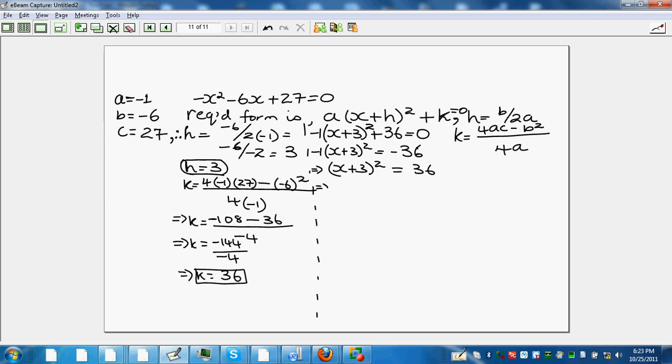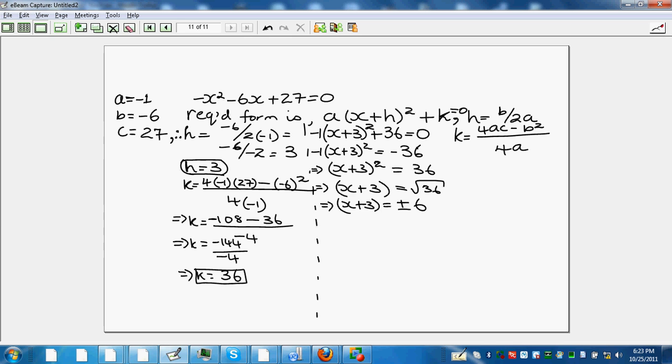What happens next? I'm going to remove the squared sign on top here by finding the square root. The square root on the left-hand side will give me x plus 3, because the square root removes the square sign. And if I find the square root on the left-hand side, I must find the square root on the right-hand side. So I get x plus 3 is equal to plus or minus 6.